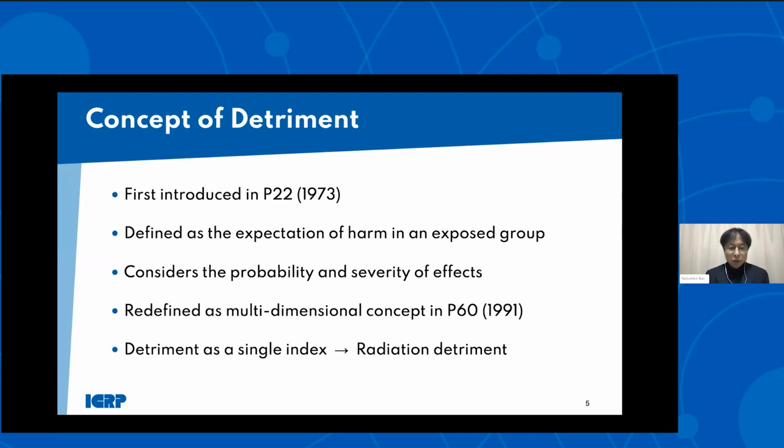It considers the probability and severity of effects. Initially, harm was intended to encompass deleterious effects of all sorts, including the socioeconomic impact. But only health effects were considered in practice, so now detriment is regarded as an expected value of the weighted number of health effects.